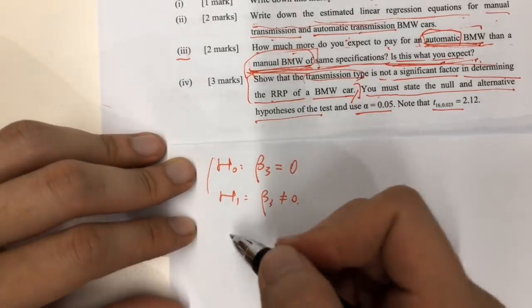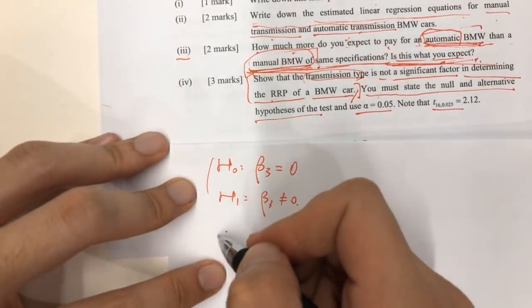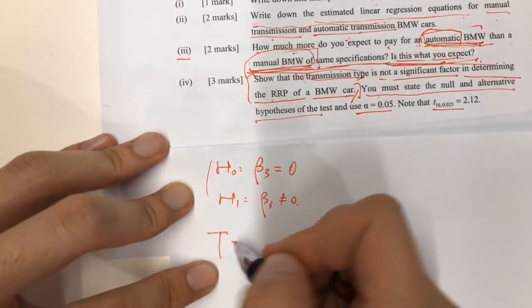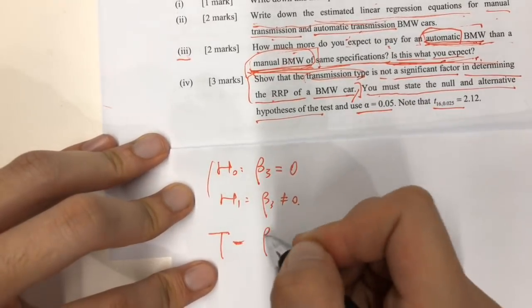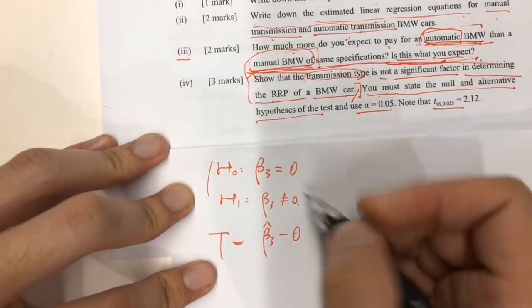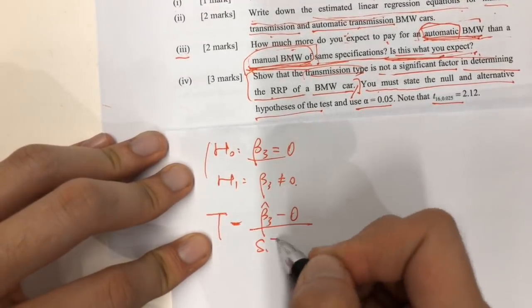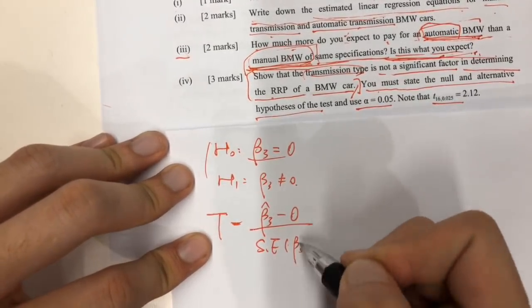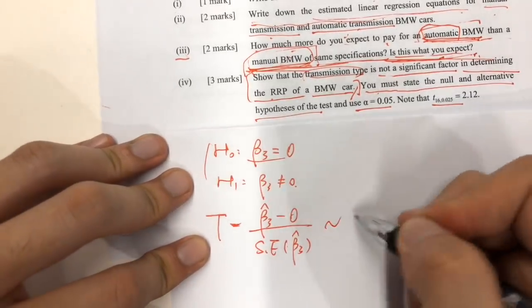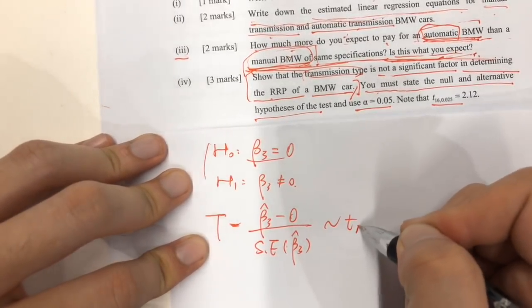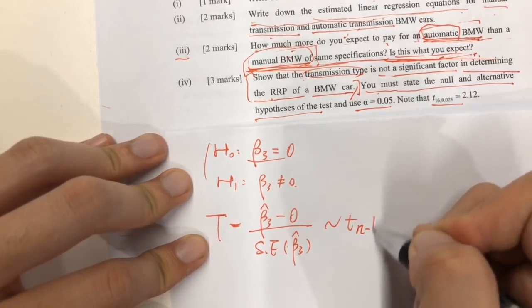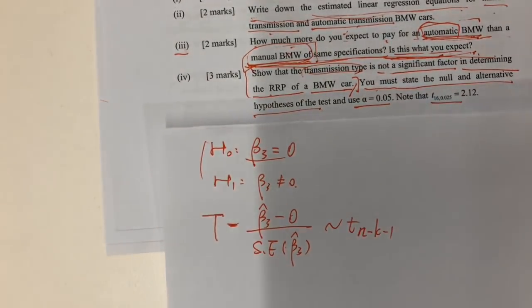And under the null hypothesis, we know that the test statistic is given by what? Do you remember? It should be beta 3 hat minus 0, which is the hypothesized parameter, divided by the standard error of the beta 3 hat. Is that right? And this follows a t distribution with degrees of freedom of n minus k minus 1.